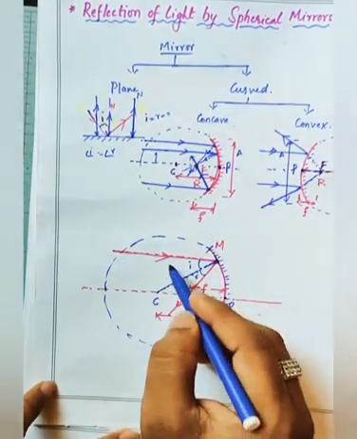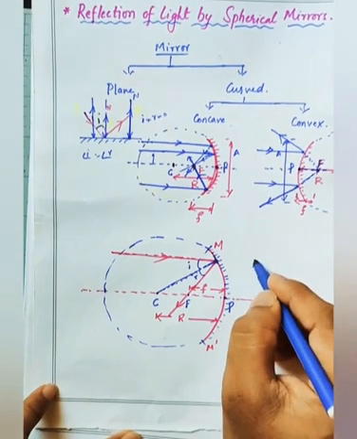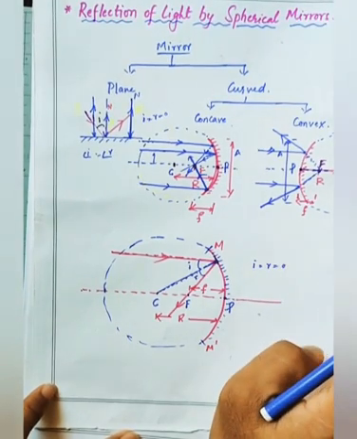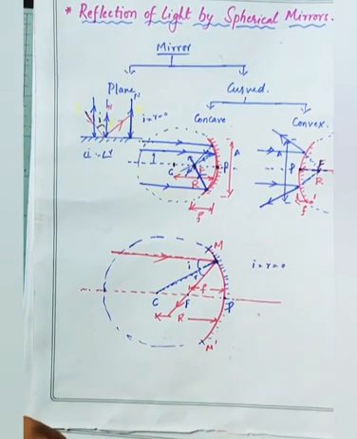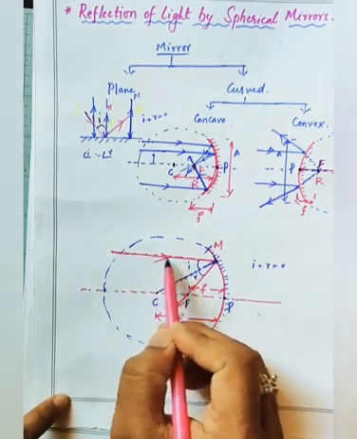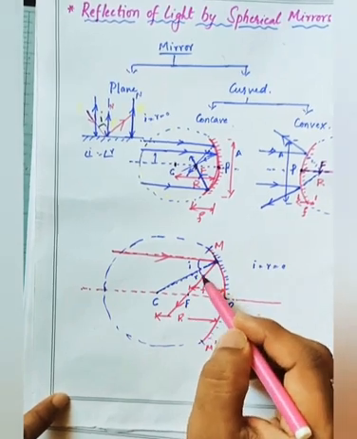So if I want I equal to R equal to 0, which particular ray should I take? That is the important question.